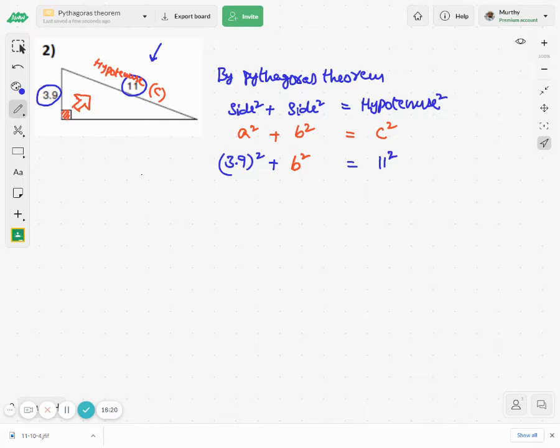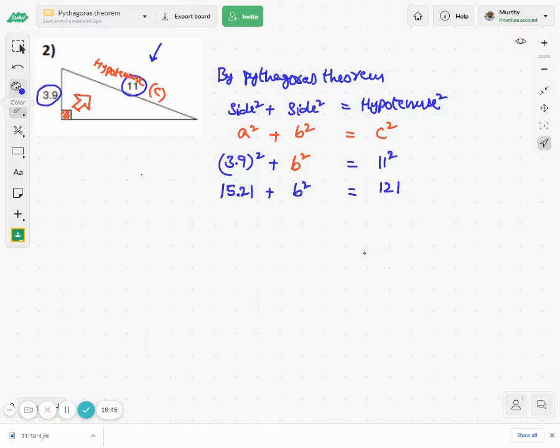So let me take the value of 3.9 square. I'm using my calculator. That is giving me 15.21 plus b square equals 11 square. Don't forget, 11 square is not 11 times 2, it is 11 times 11. So 11 times 11 gives me 121.